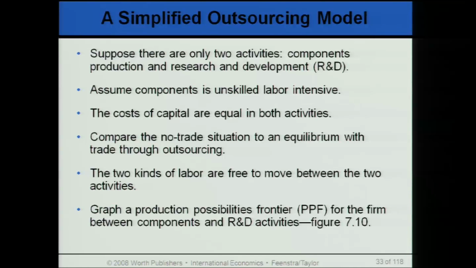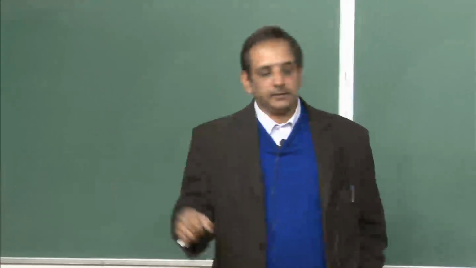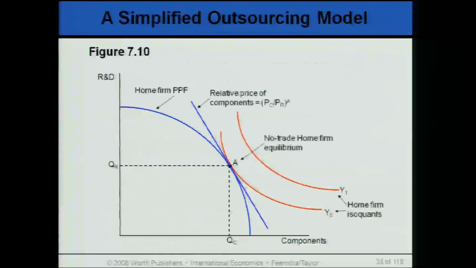And you can see for the general case, the PPF is concave to origin, the slope of the PPF, which is the relative prices, when you move from left to right it increases. So, this is a no trade situation. The no trade situation is this.